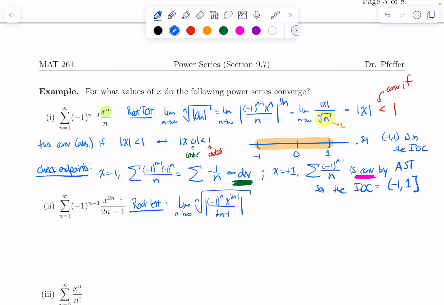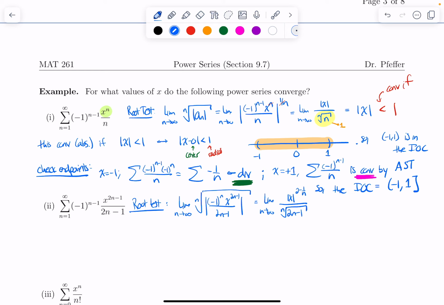So of course, what's going to happen here, we're going to get the limit as n goes to infinity. The absolute value will persist onto the x, like we saw above. The 1 over n root will hit the exponents, giving me a 2 minus 1 over n. And then on the bottom, we end up with an nth root of 2n-1.